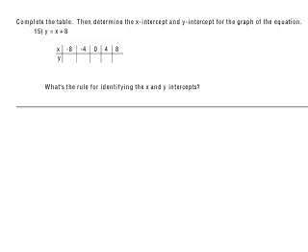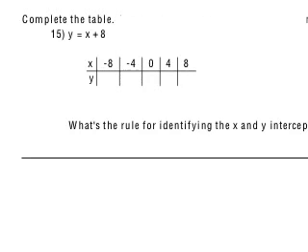Number 15, complete the table. Then determine the x-intercept and the y-intercept for the graph of the equation. Y equals x plus 8 is our equation. And then the second question of it is, what's the rule for identifying the x and y intercepts, which of course we already know. Right? I'm going to make this bigger again.